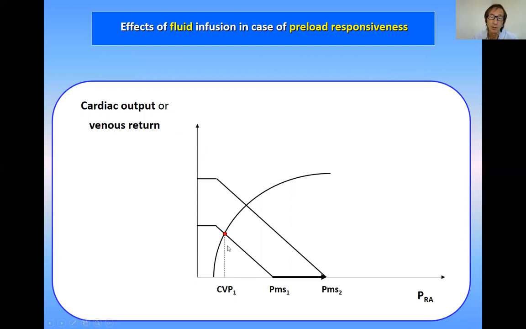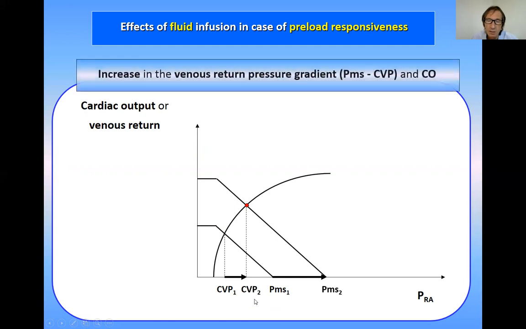But because of the steep part of the Frank-Starling curve, we have a movement of the equilibrium point to this intersection, and now we have a higher cardiac output, of course, but the increase in CVP is lower than the increase in the mean systemic pressure, and therefore the venous return pressure gradient, PMS minus CVP, should increase, and cardiac output also should increase.